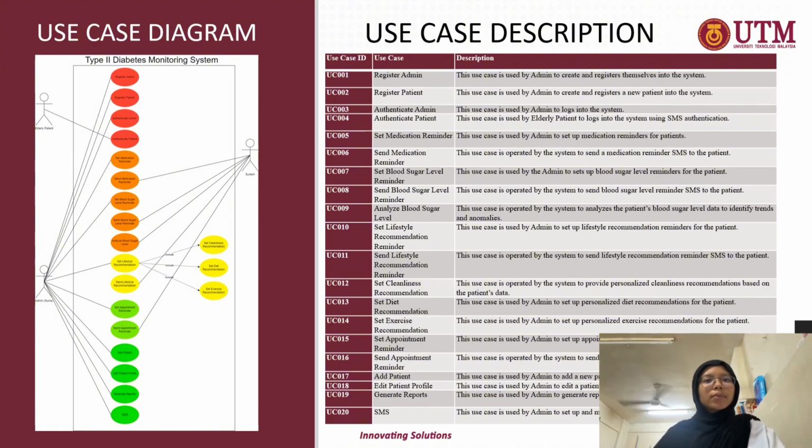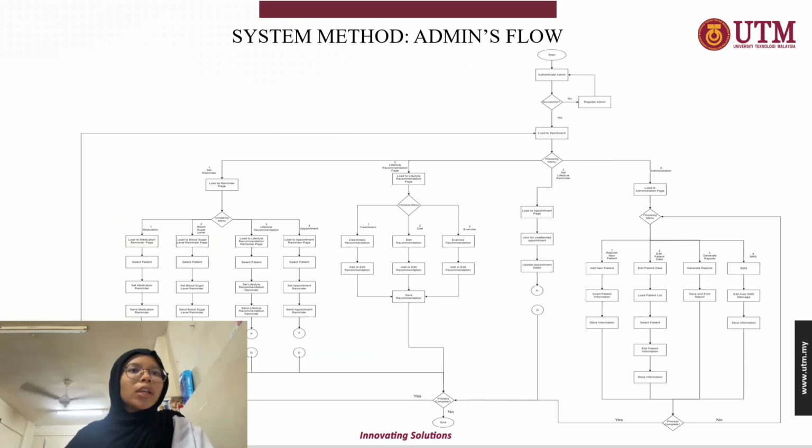setting for SMS. Next, I'll be showing you the system method, of which I have two: one for the admin flow and the second for the user flow, the patient flow. So for the admin flow, first the system will start by identifying the admin, and once it identifies the admin, it will load the dashboard.